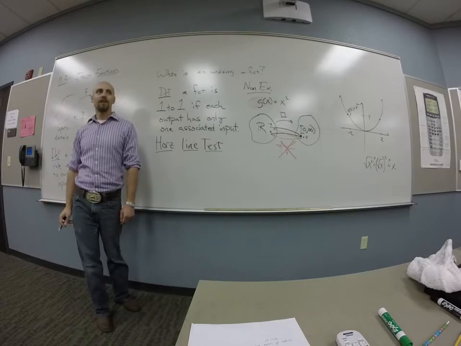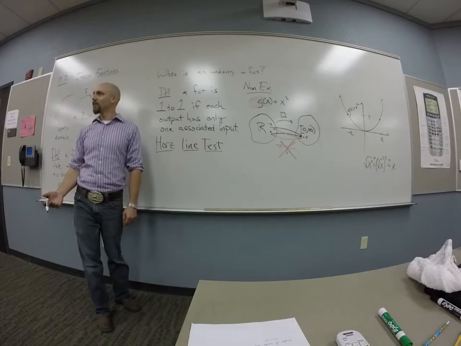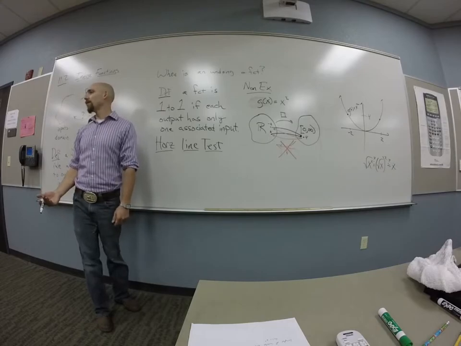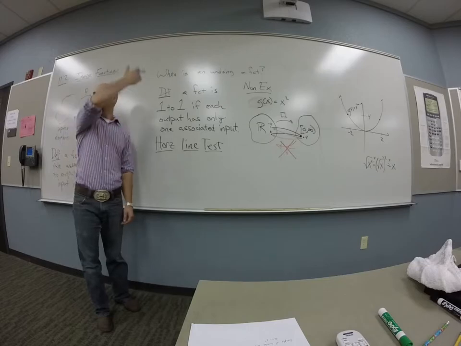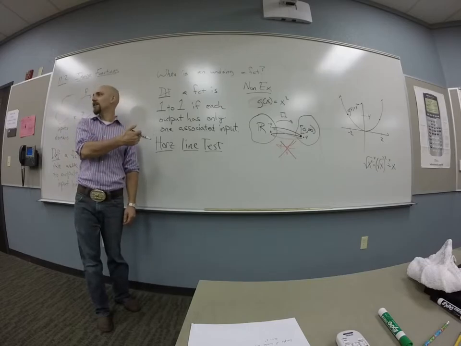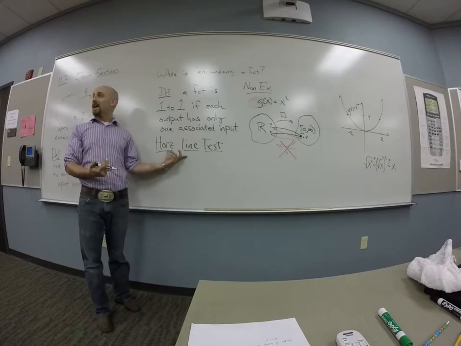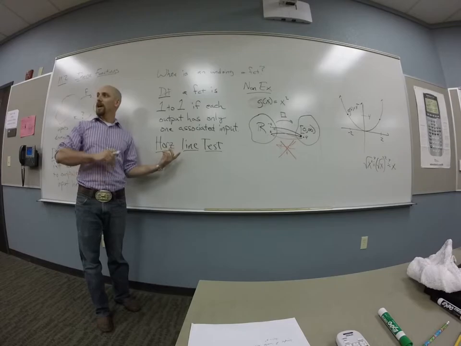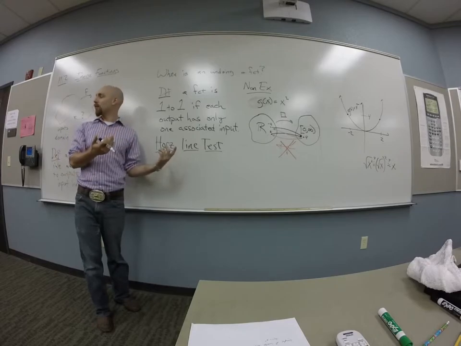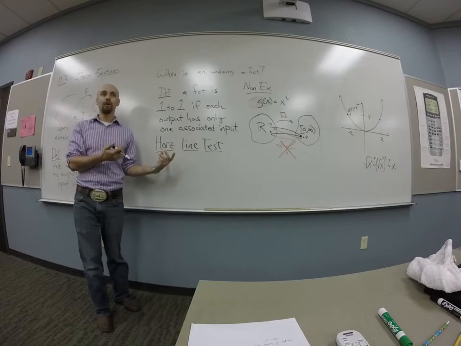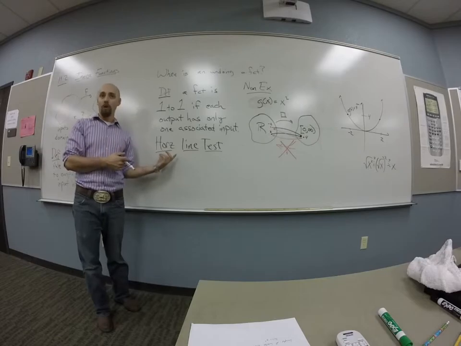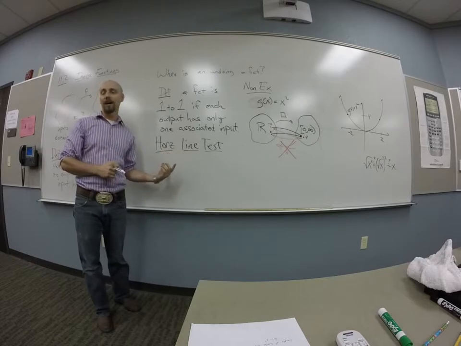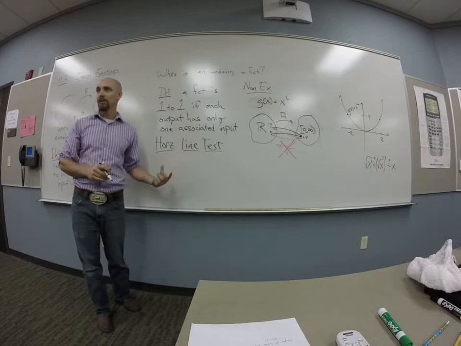If you've got some squiggle and you want to know if it's the graph of a function, you put vertical lines through it and ask, does it intersect more than once? This is the same thing for the inverse function. I'm looking at a graph, and I'm wondering if that graph makes an invertible thing. I run a horizontal line through it and ask if it intersects more than once.